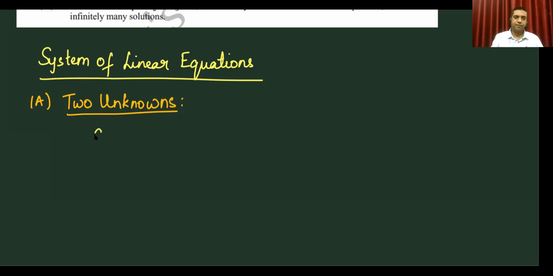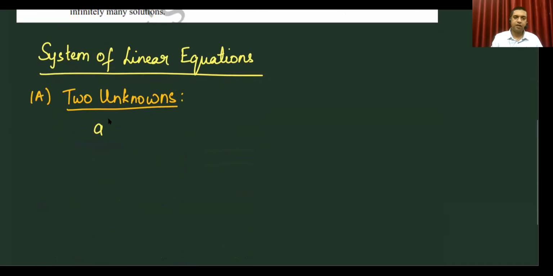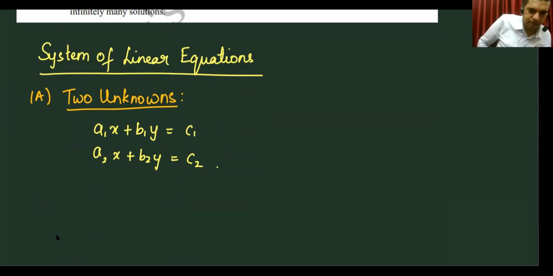So you have here a1x plus b1y equal to c1, a2x plus b2y equal to c2.